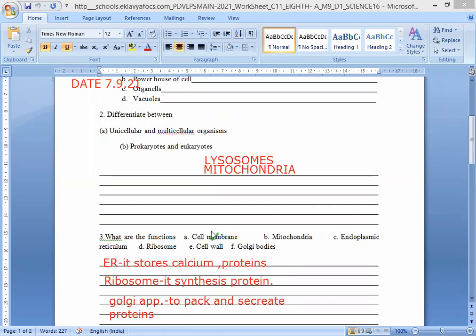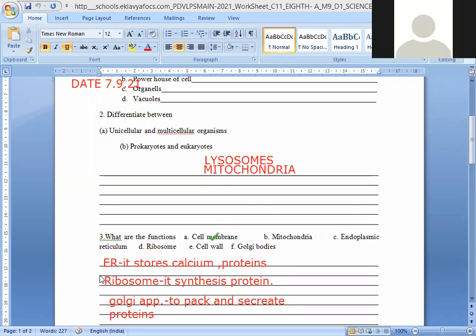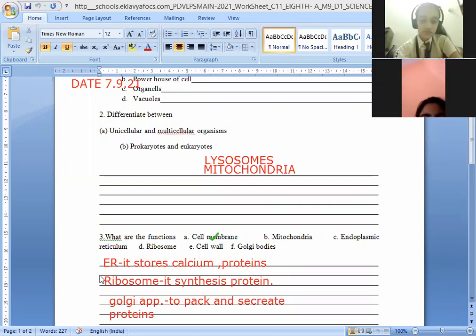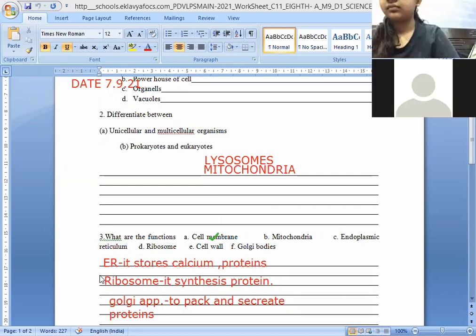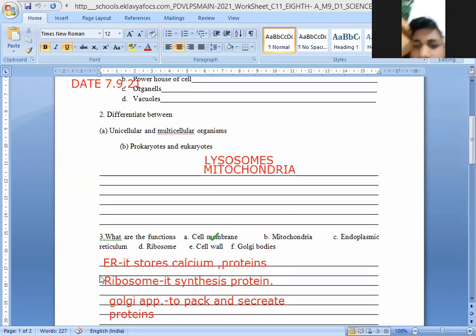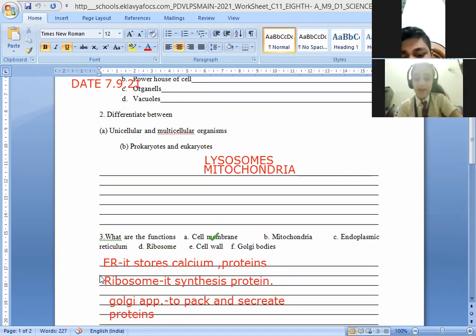Can I have the function of cell membrane? Yes, Veronica, Samrit, Barira, Aryan. The function of cell membrane is to provide protection for the cell and its cellular components. Yes, it provides protection to the cell. That's it. Good.